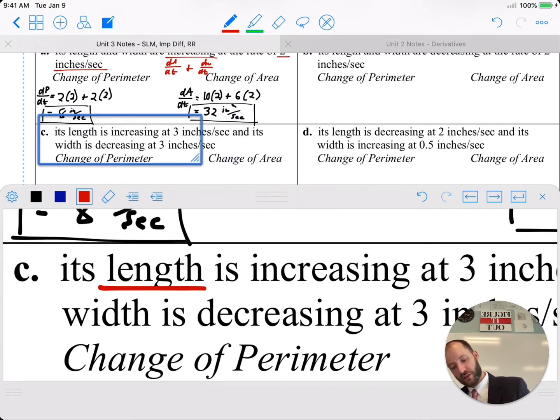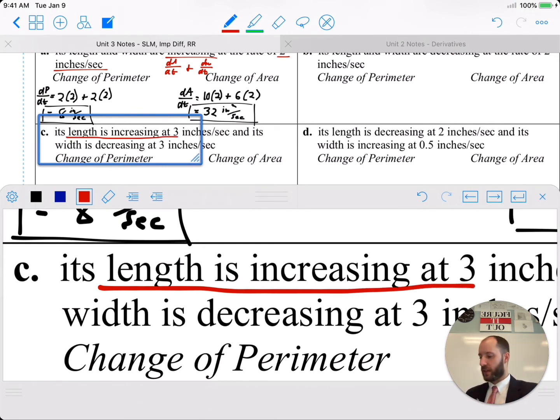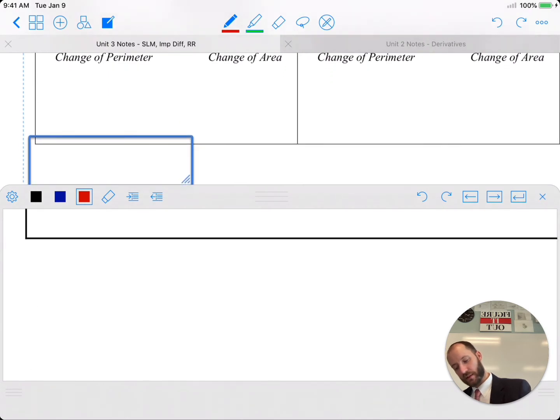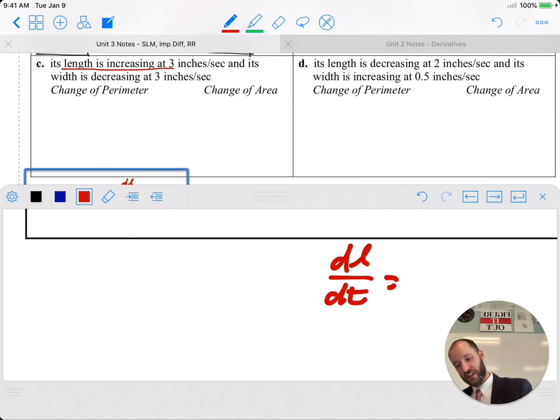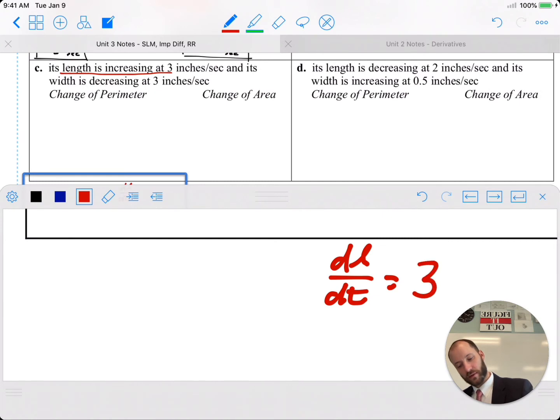So that would be dL/dt. I'll write it down here. So dL/dt increasing at the rate of 3 inches per second.